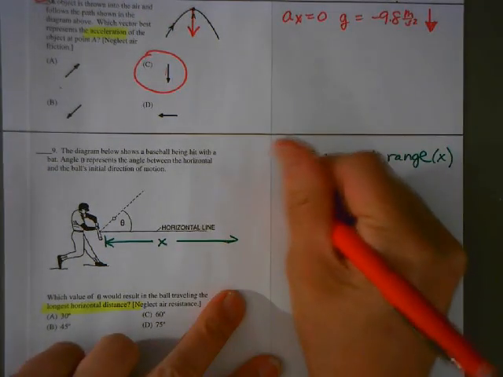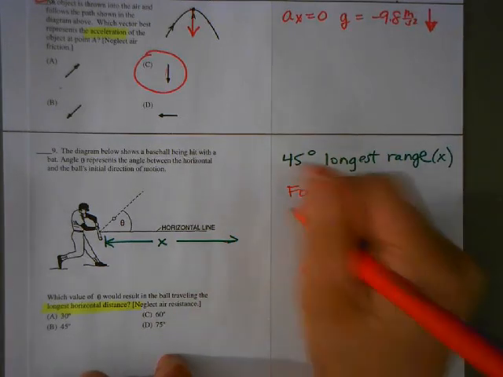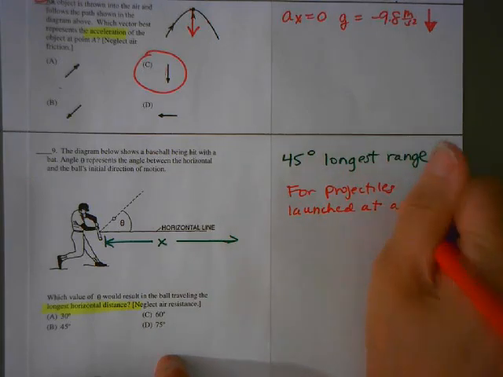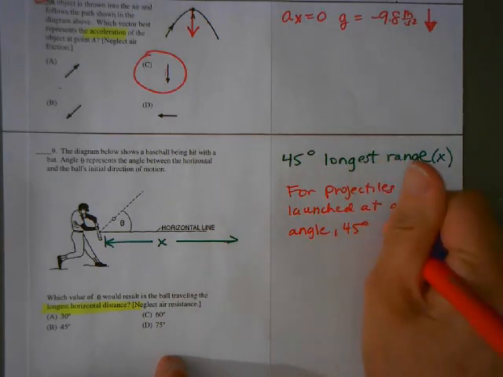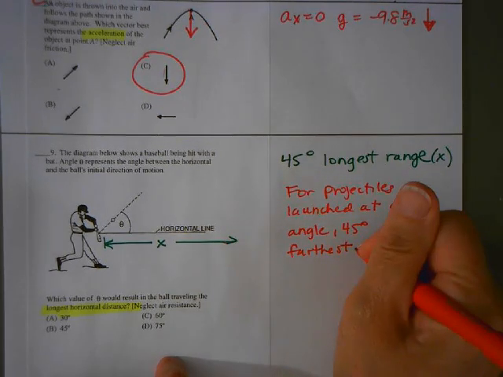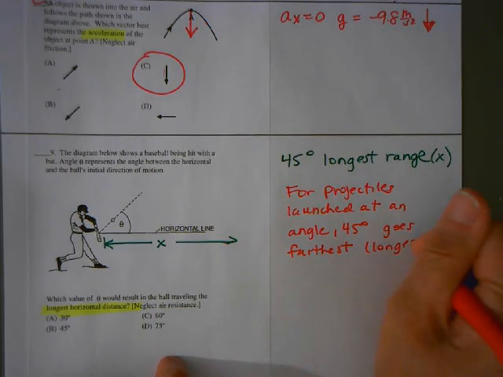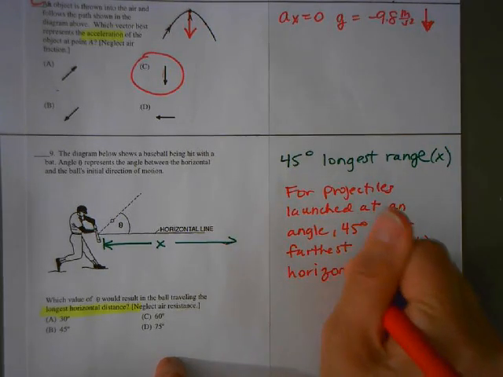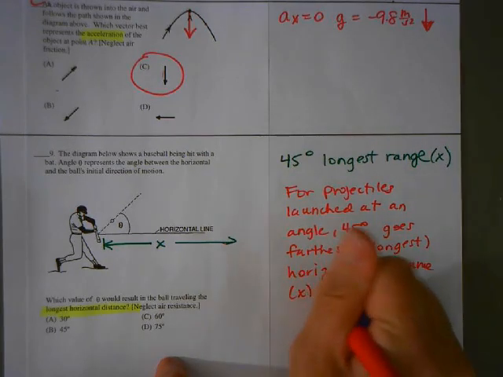So again, for projectiles launched at an angle, 45 degrees goes the farthest. Or the longest. Did they say the longest? Oh, that's the word they used. Horizontal distance. Which in physics and golf, we call that the range.